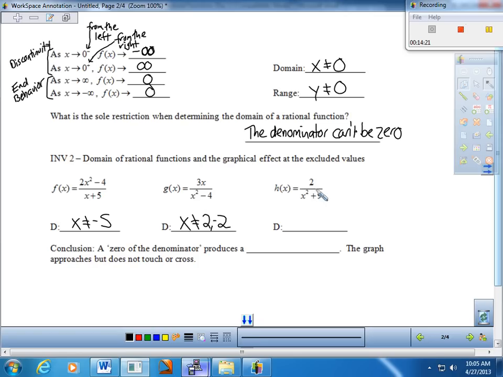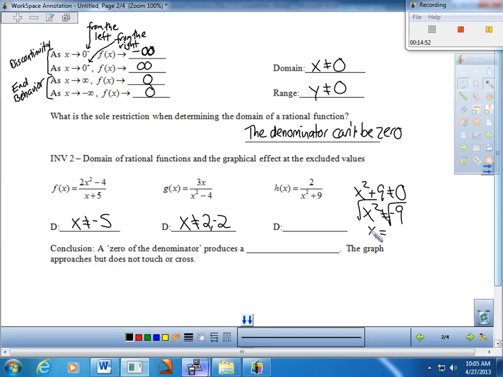Now here's what's interesting. This one over here, again, when we talk domain, obviously, we're talking about the real number system. And I'm thinking this in my mind at least. I know that denominator can't be 0. And so I bring that 9 on over, just still thinking mathematically about it. And then I undo a square. And then I start to realize, really, is there any real number here?